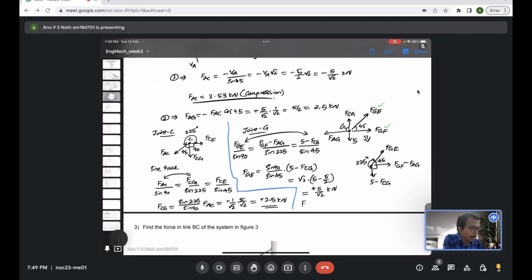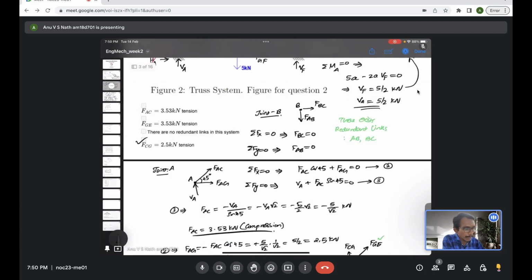So we have seen FGE is 5 by root 2. I think we already evaluated, it is 3.53 kilonewton. It is in tension because the sign came up with the plus, right? So FGE is 3.53 in tension. So second option is also correct.